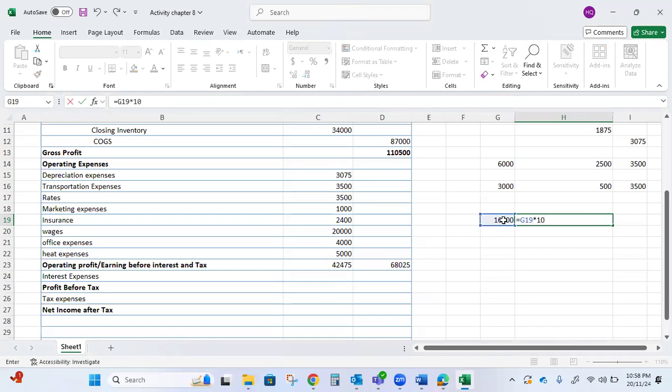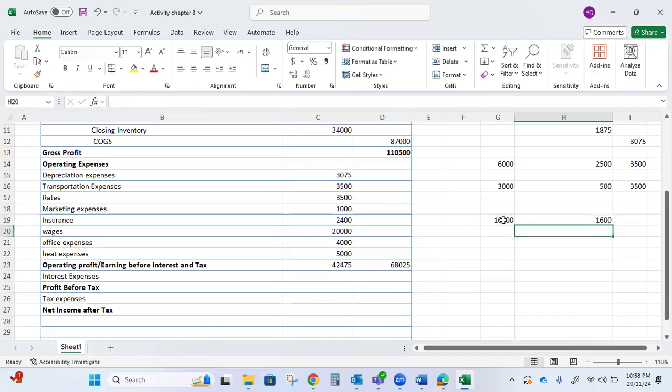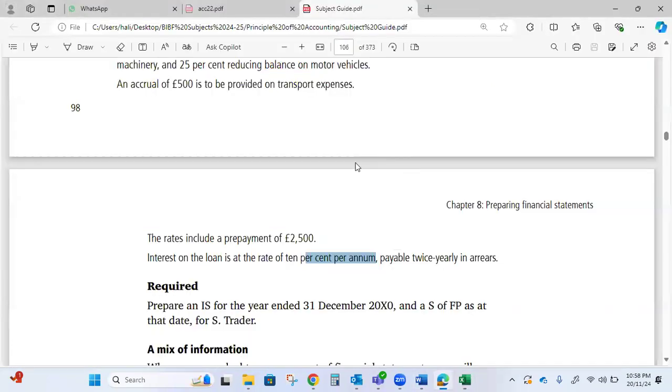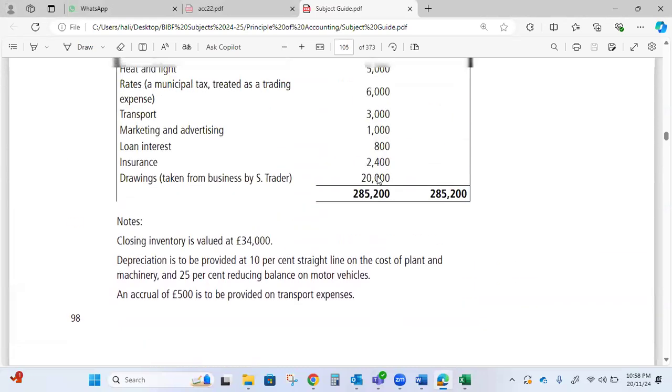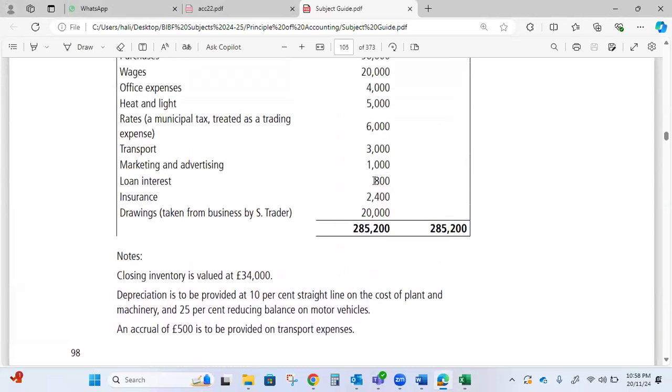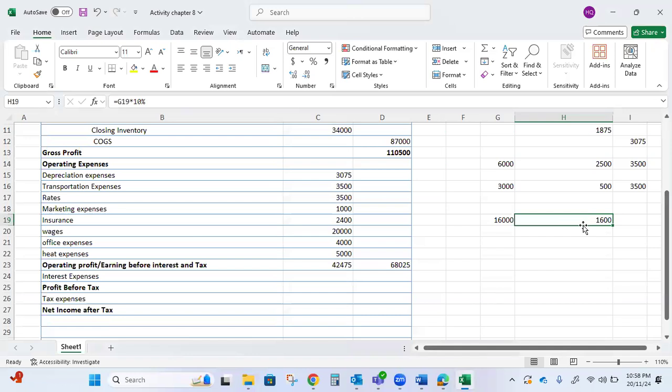If you just calculate 10%, you are supposed to pay per year 1,600, but you have paid 800 only in the trial balance. It is given in the trial balance. So it means 800 we have paid already, and 800 still payable. So net expense in the income statement will be 1,600.